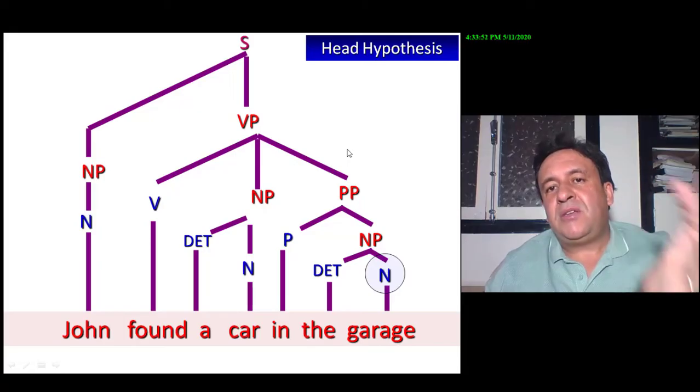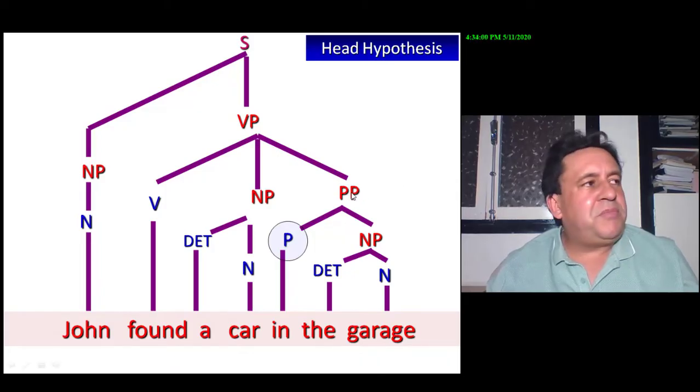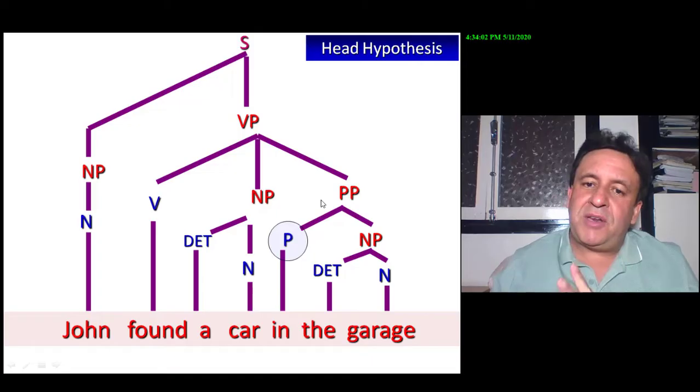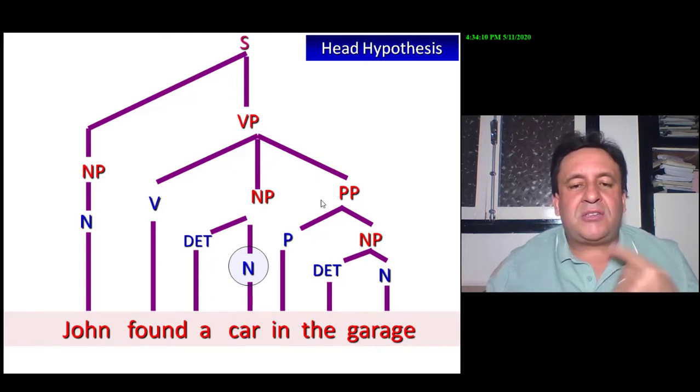It satisfies the head requirement, no problem. How about the PP? It's headed by P, which means that the PP has only one head, which is the preposition. Again, this satisfies the head hypothesis. Same thing can be said about the other NP, a car. It has one and only one head, which is car.